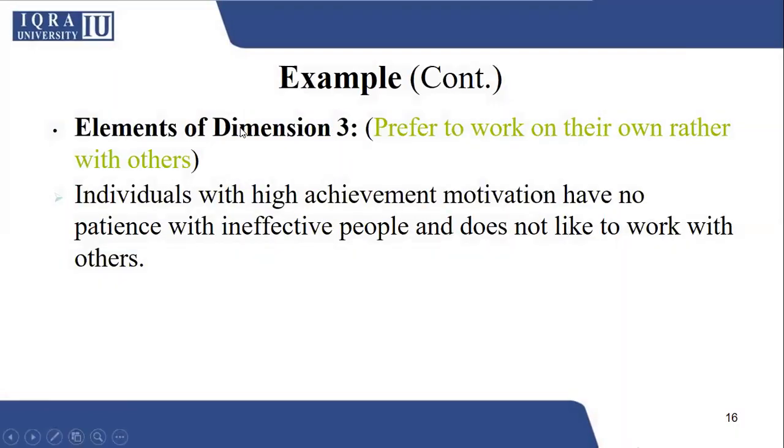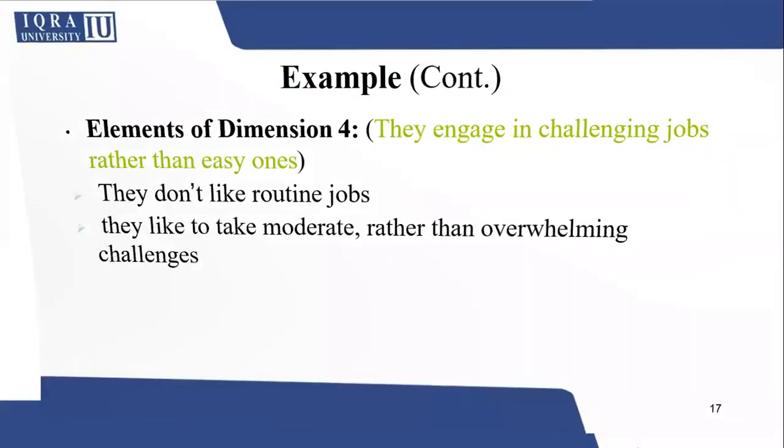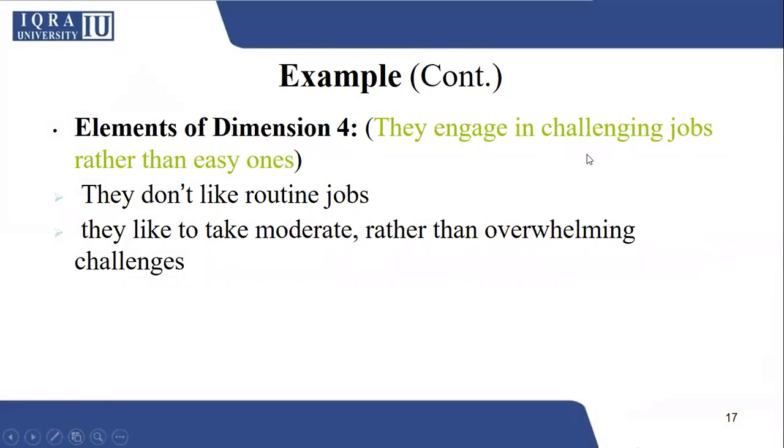Similarly, dimension 3: prefer to work on their own rather than with others. This is the third dimension of people with high achievement motivation. Individuals with high achievement motivation have no patience with ineffective people and do not like to work with others. Dimension 4, they engage in challenging jobs rather than easy ones.